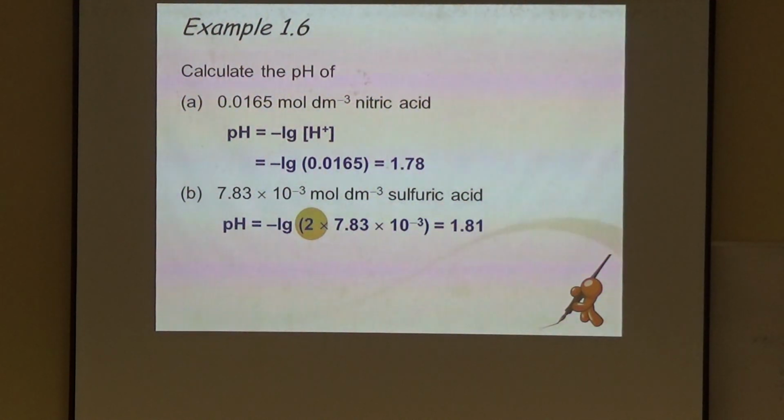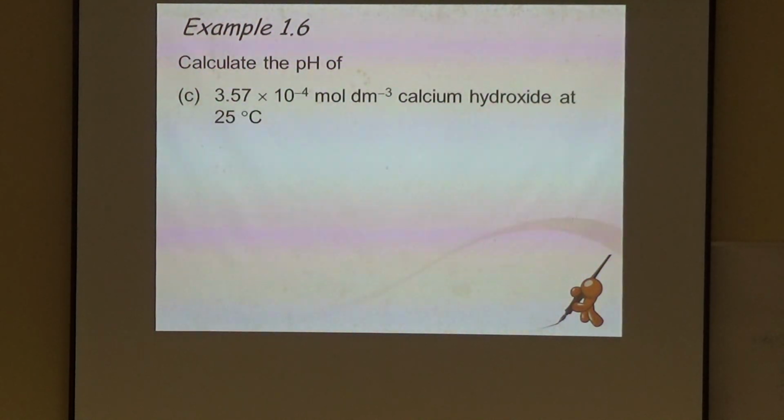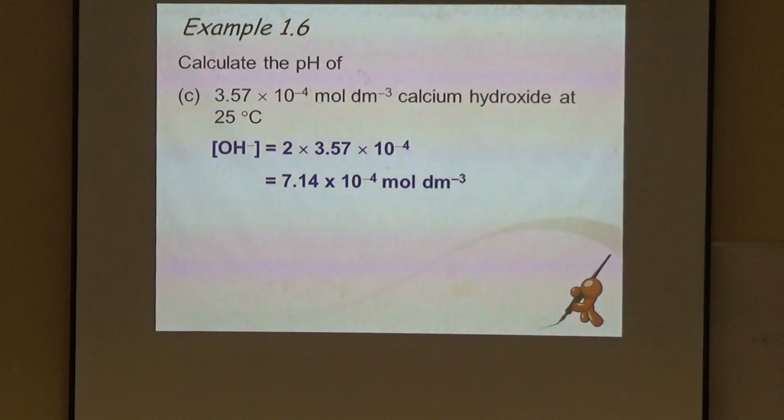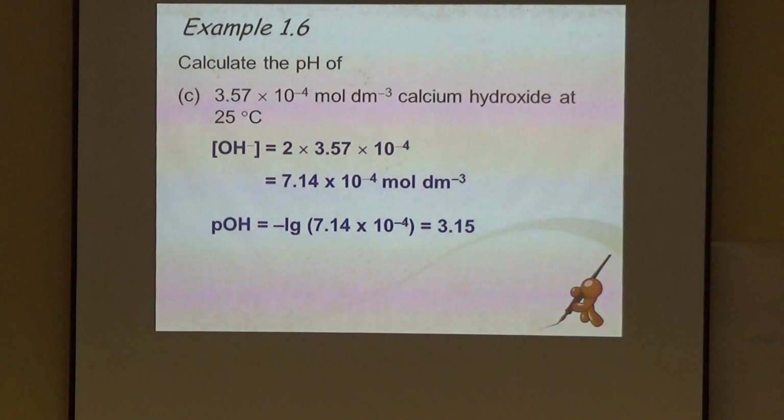For B, the only thing to take note of is H2SO4 produces 2H+, so you times 2. So you get 1.81. This one, what you probably do is you find the concentration of OH-. Remember, calcium hydroxide has 2 OH-, it is Ca(OH)2.